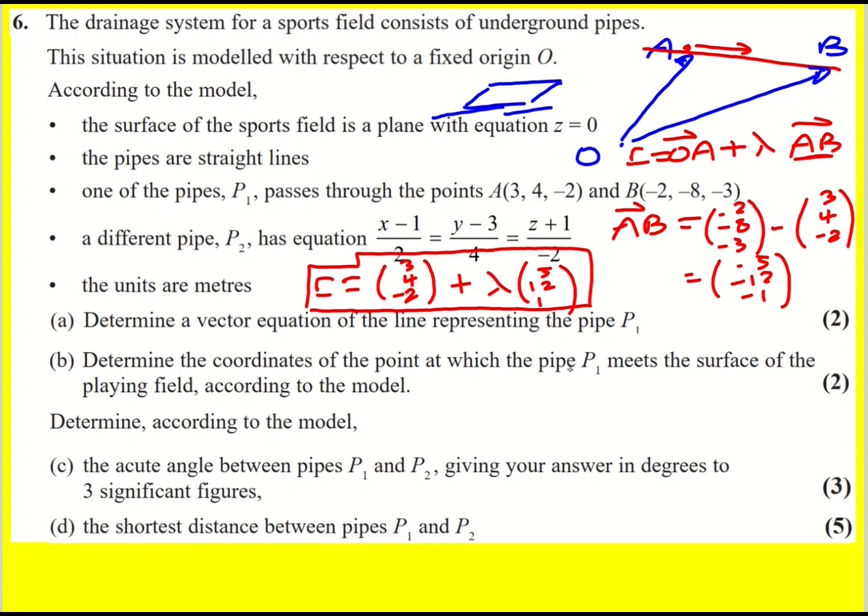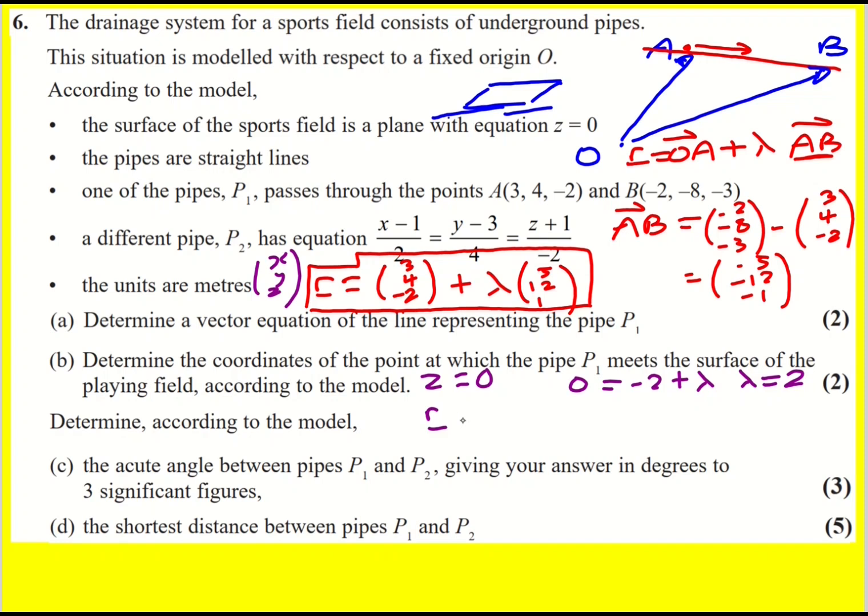Determine the coordinates of the point at which the pipe P1 meets the surface according to the model. This is going to be when z is equal to 0, because we had that as our plane. Remember, r is actually the 3-dimensional position vector (x, y, z). So 0 is equal to minus 2 plus lambda, and therefore lambda equals 2.